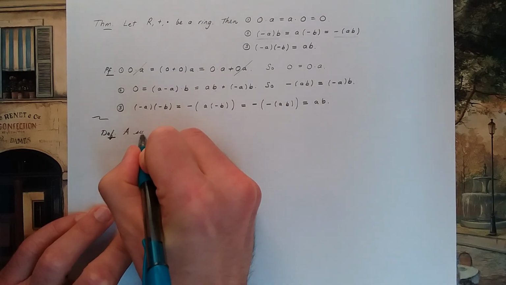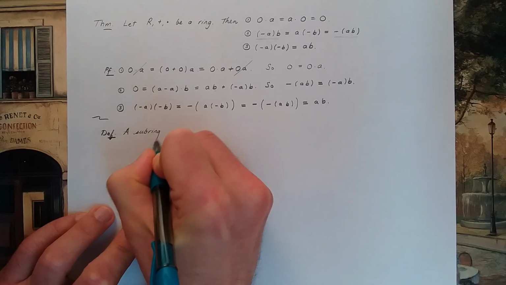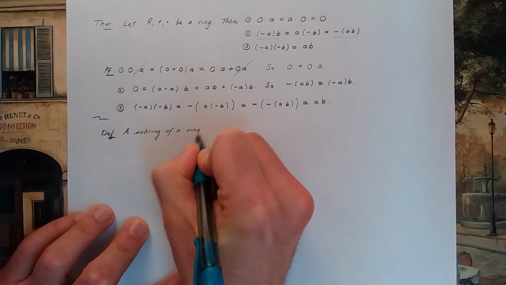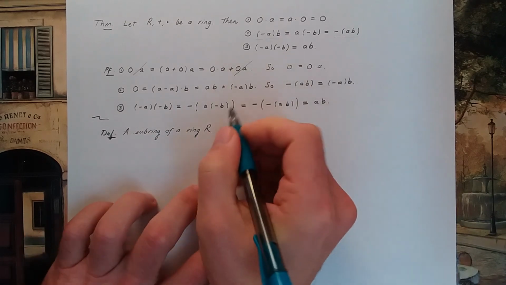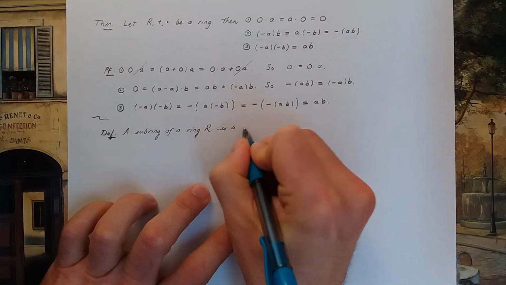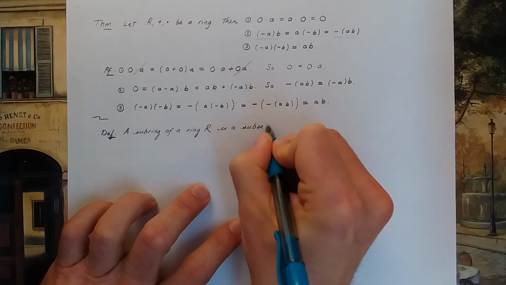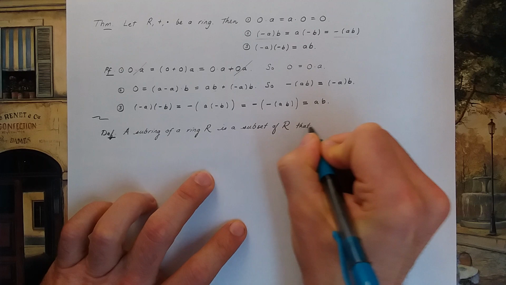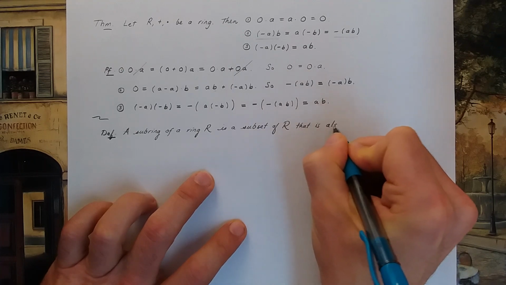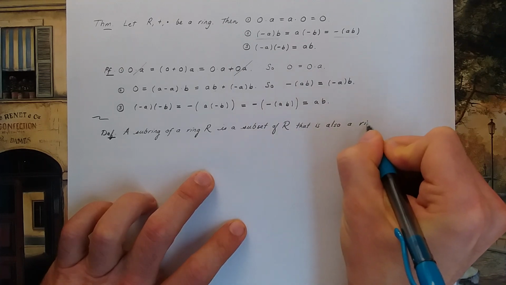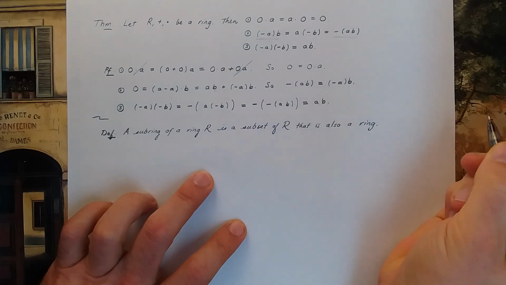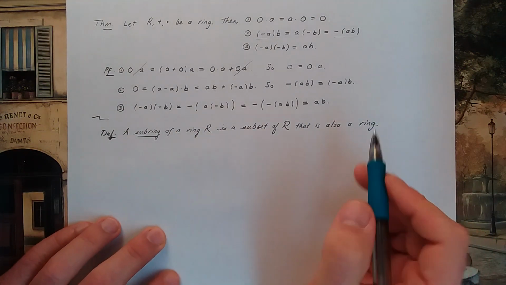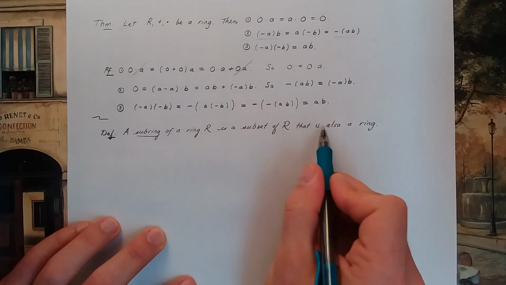A subring of a ring R is a subset of R that is also a ring. This should be reminiscent of our definition of subgroup, but it's a subset of R that's also a ring.